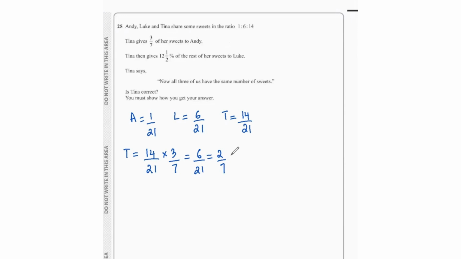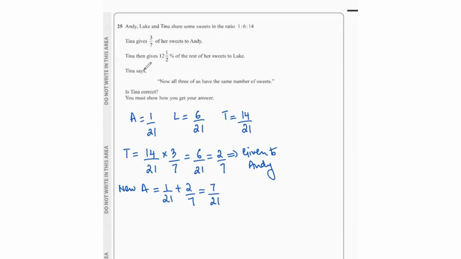So this is what she's given to Andy. So now new Andy is going to be 1/21 plus 2/7, which will be 7/21.